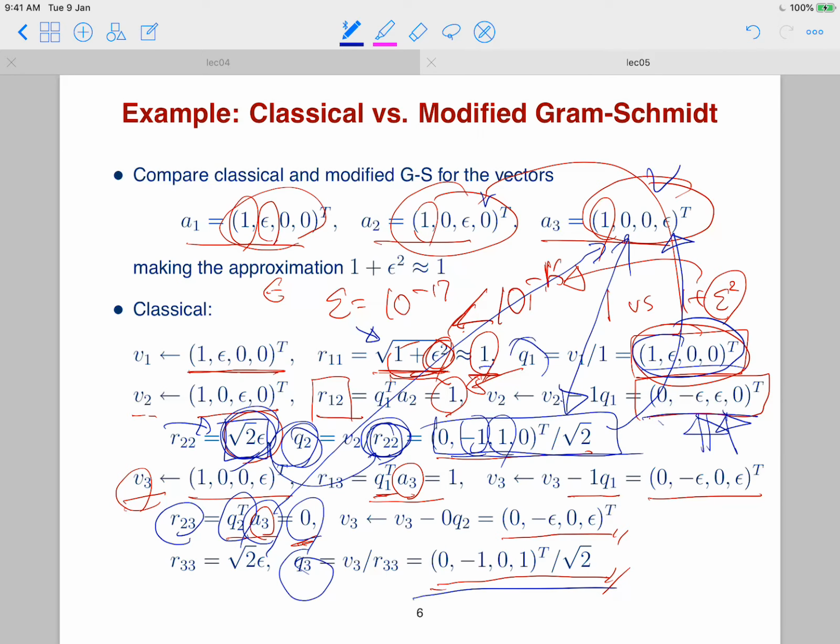So the main purpose of numerical linear algebra, or any other advanced algorithms that handle these numerical issues, is to better handle this division by a number close to 0.